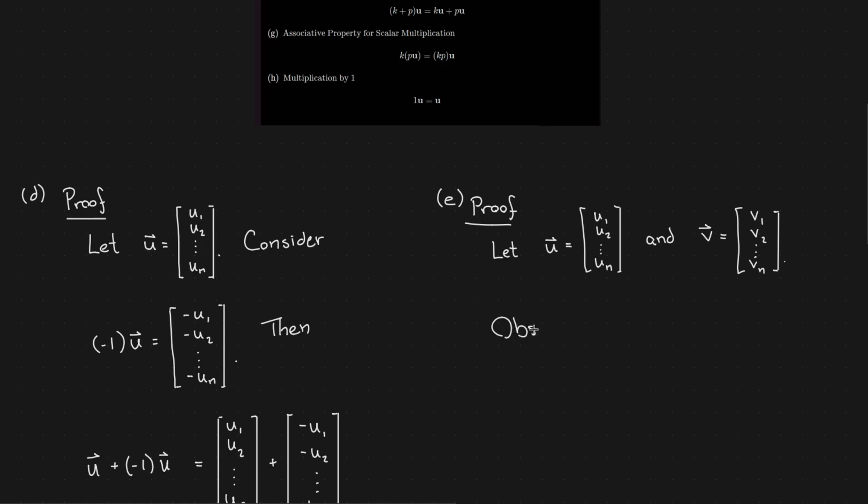I'm not starting my sentence with a symbol, so I've got to find some kind of filler word. So observe. I'll start with the left side of the equation. So that's k times u plus v. Okay? And all I'm going to do is swap out my vectors for their component forms and then apply the definitions of vector addition and scalar multiplication. Okay?